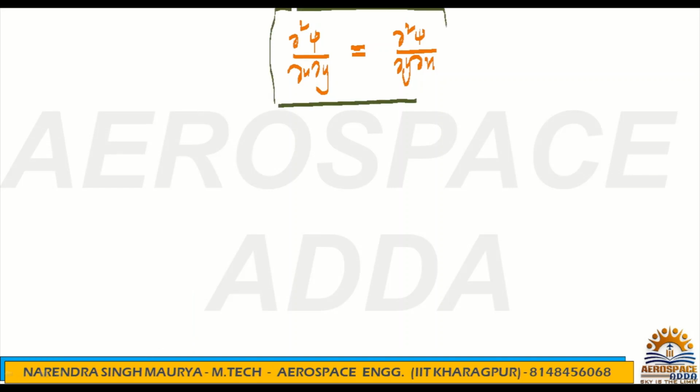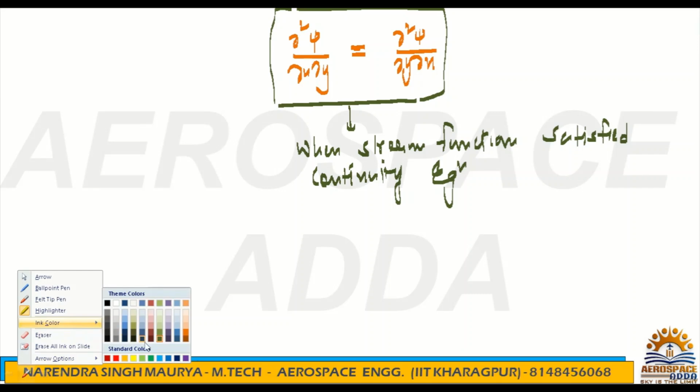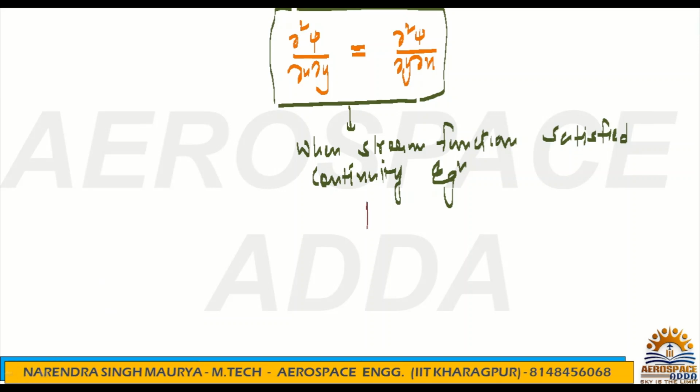When the stream function satisfies the continuity equation, then what is the conclusion? What is the story behind this? What you have done for that? What you need to remember?